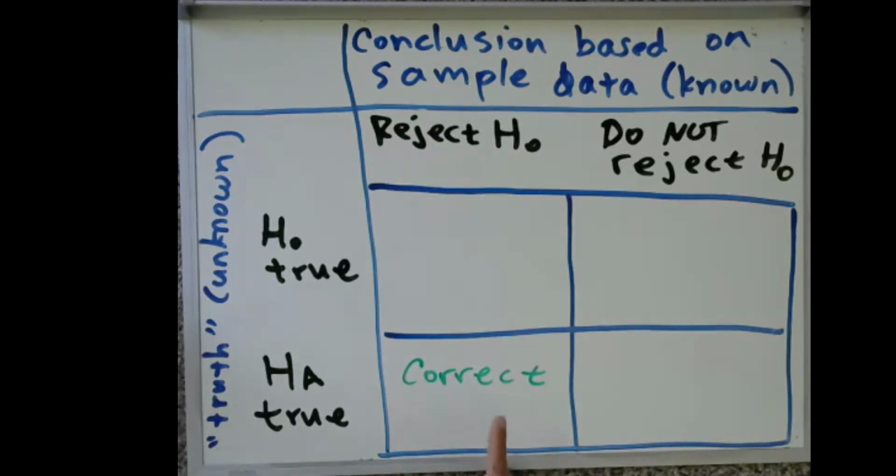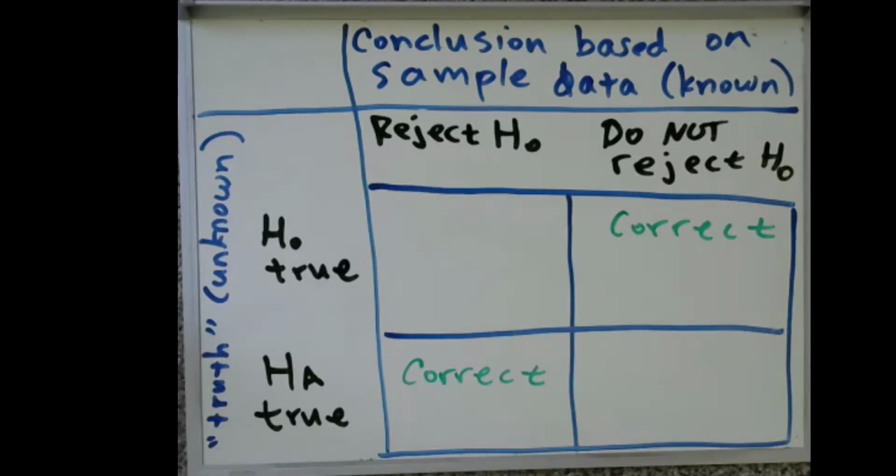Again, we don't know what the truth is, so this is theoretical. The other correct rectangle is over here. This is when the data suggests that we do not reject the null hypothesis. If we do not have evidence against the null, and the null hypothesis is true, then that would be a correct outcome.